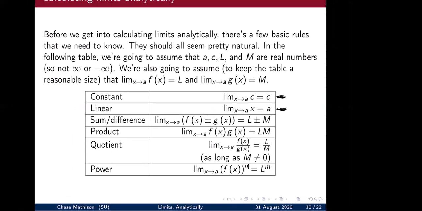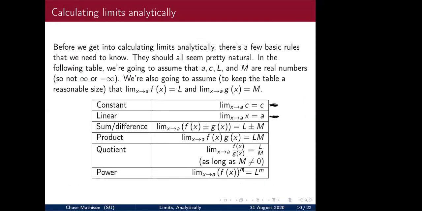So using all these rules, we can find limits of essentially every function that we care about: polynomials, rational functions, square roots, cube roots, and so on. And in a second, I'll show you a rule that will help you calculate the limit for any algebraic function. Are there any questions about any of these?